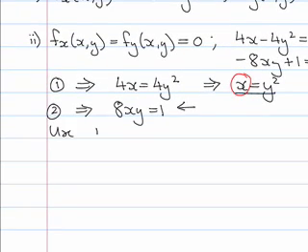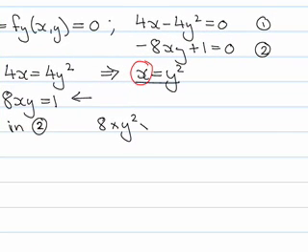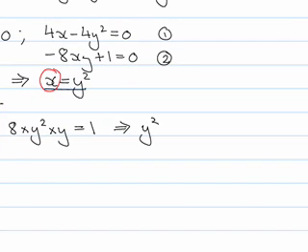We're going to use 1 into 2, so that's going to give us 8 times y squared times y is equal to 1. So that's going to imply that y cubed is equal to 1/8. Now because it's a y cubed, that means that y must be equal to 1/2.